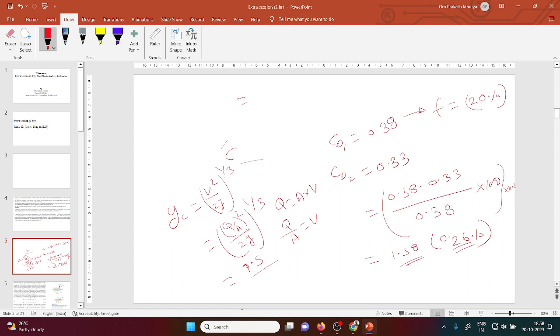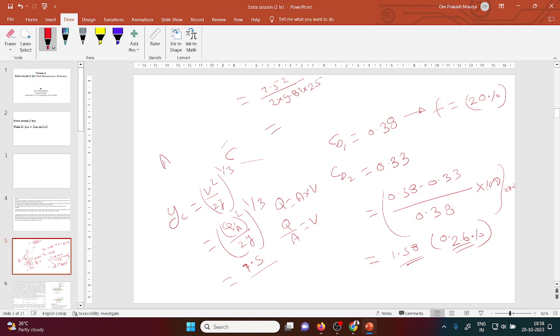Your discharge is given 7.5 meters, right? Yes, sir. Square, and 2 into 9.81, or we can consider B square, like we have 25, right?